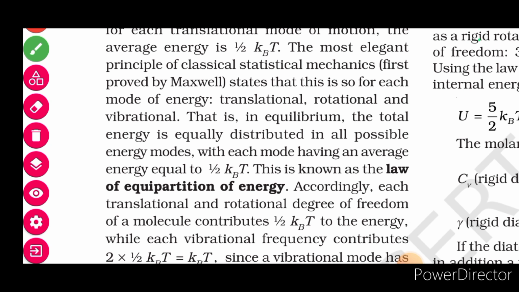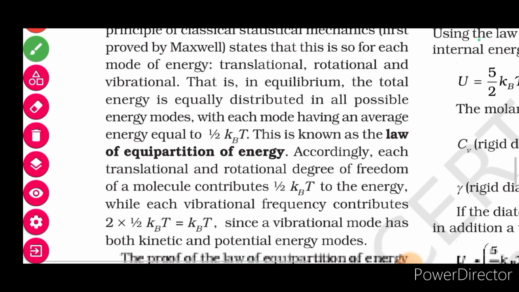That is, in equilibrium the total energy is equally distributed in all possible energy modes, with each mode having an average energy equal to half kT. So whether it is vibrational, rotational or translational, they all contribute half kT. This is known as the law of equipartition of energy.